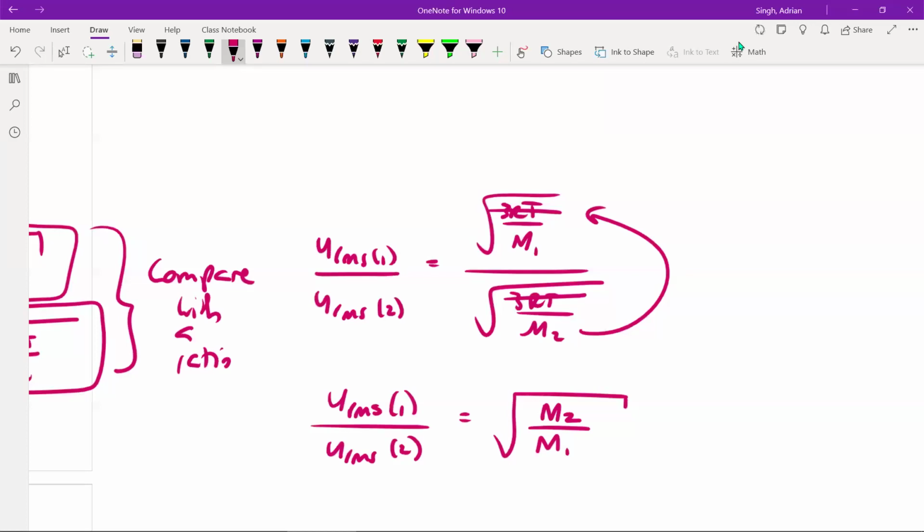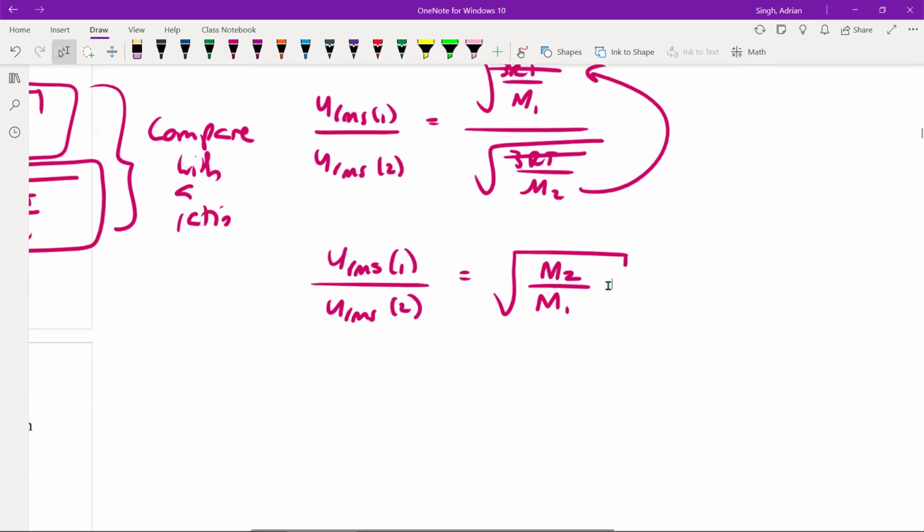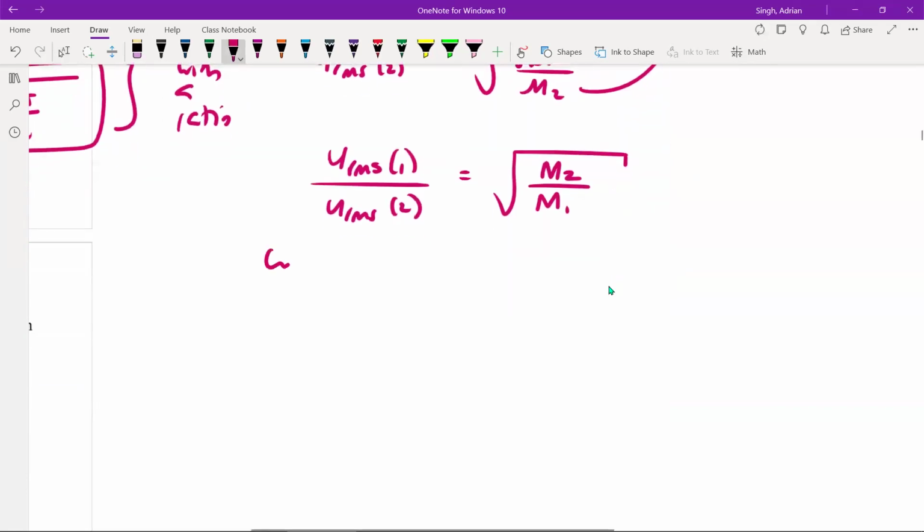So what we actually see now is we can use this equation to compare the root mean square values of molecules with different molar masses.